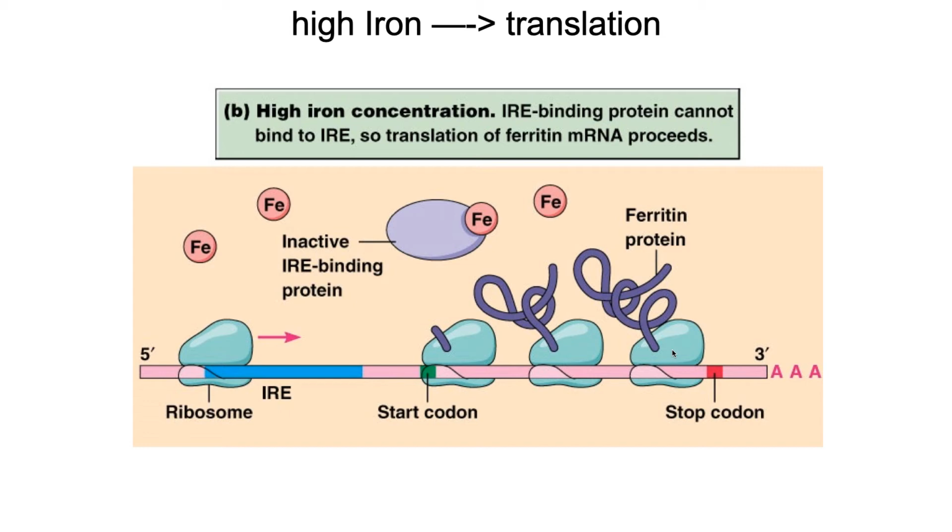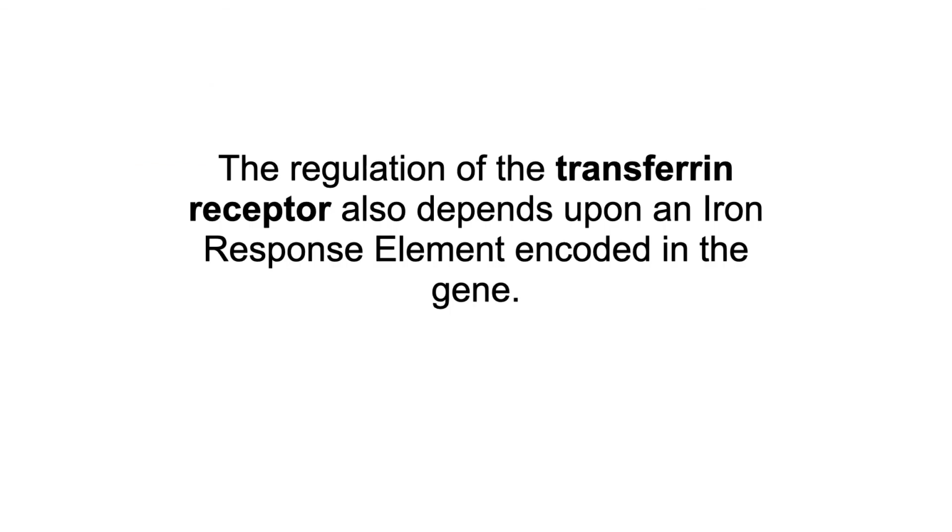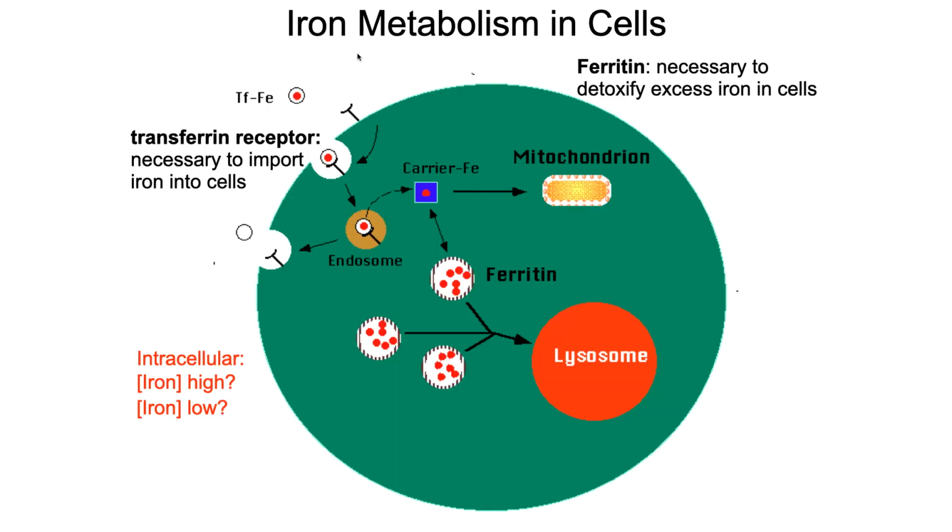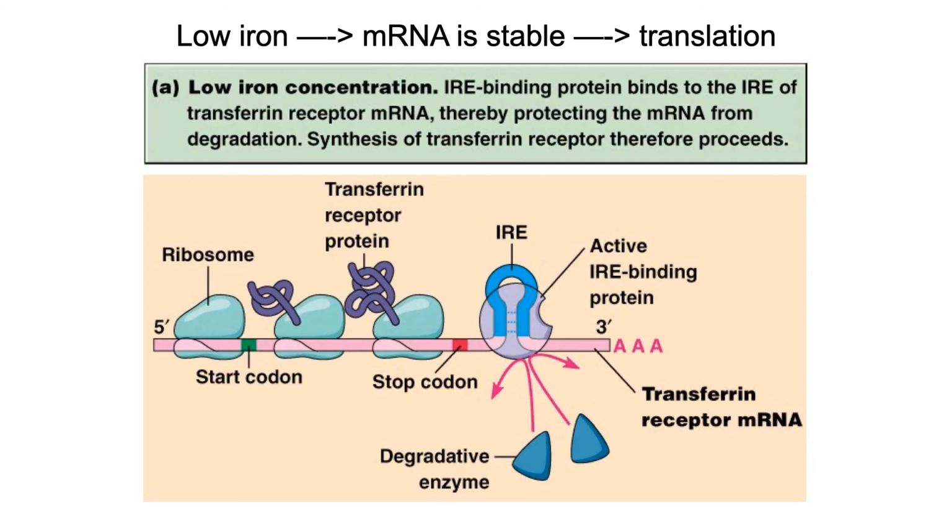Well, what's interesting is the regulation of the transferrin receptor. When iron levels are low, we want to increase the amount of transferrin receptors. Well, it's regulated by that same system.